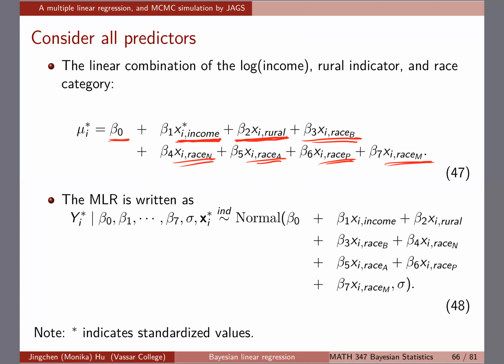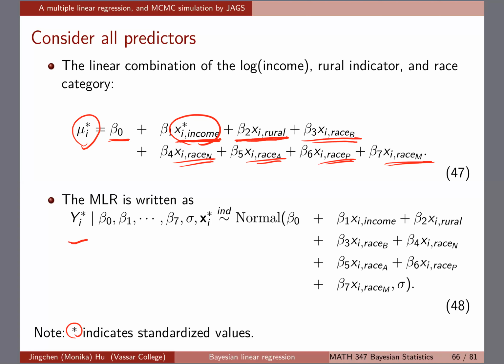All of the non-reference groups have to be added in. Just like before, when you're working with a continuous predictor, you might want to do standardization. That's why I put a little star next to those, because they're being standardized. But if it's non-continuous, you can just leave it as it is.